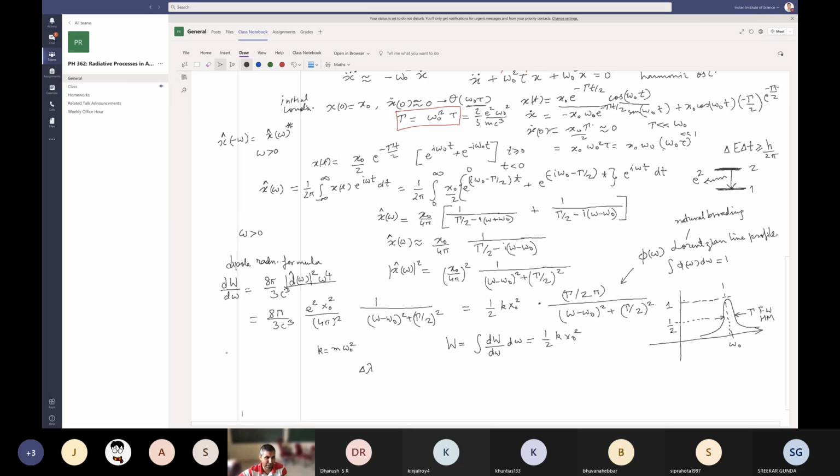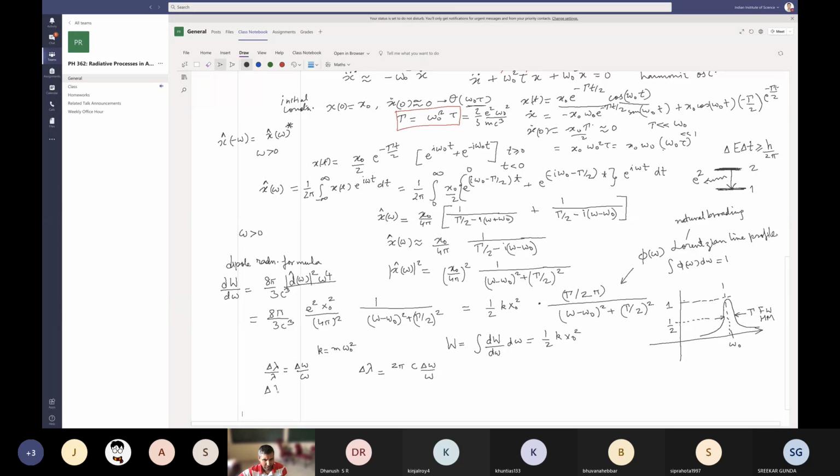A lot of times you make spectra in wavelength space. This is nothing but 2 pi c delta omega by omega squared, right? So basically delta lambda by lambda is equal to delta omega by omega.